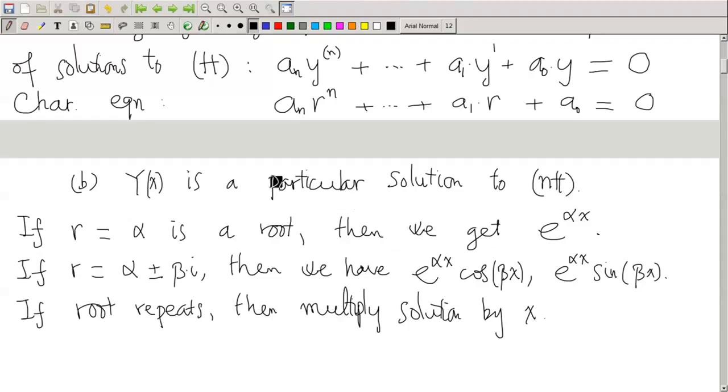So for example, if alpha is a root, then we get at the beginning e to the alpha x. But then if we have another alpha as a root, then the second solution would be x e to the alpha x. And if we have another alpha after that, then the next solution would be x squared e to the alpha x. And we keep doing that for repeated roots.